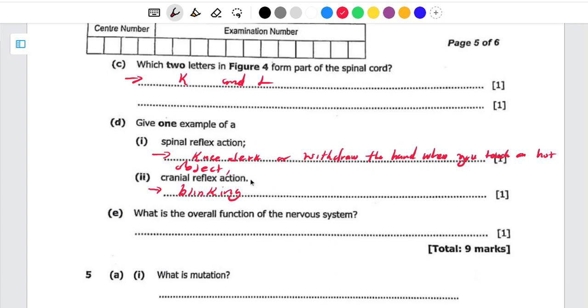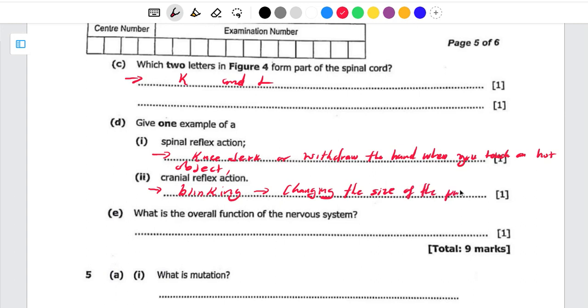Apart from that, you can also talk of changing the size of the pupil.